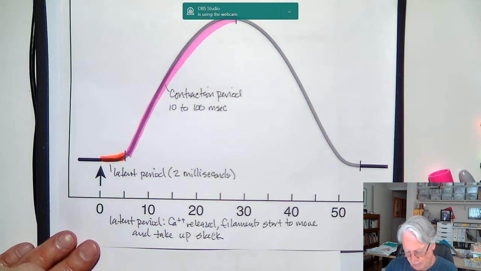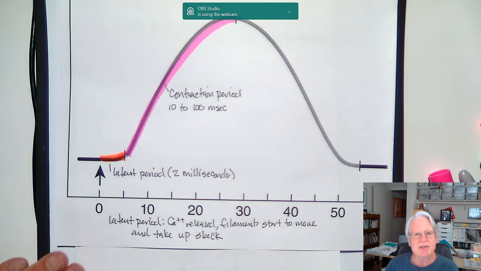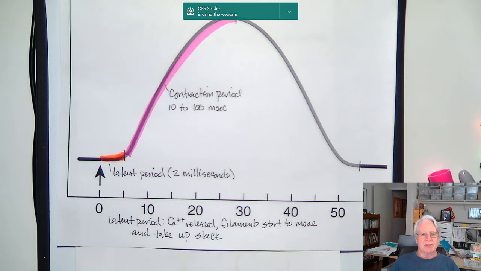What's happening during that period is we're getting cross bridges formed, we're sliding the filaments, we're applying force, and the sarcomere is shortening, the myofibril is shortening, and we're getting this period of contraction, force being applied.